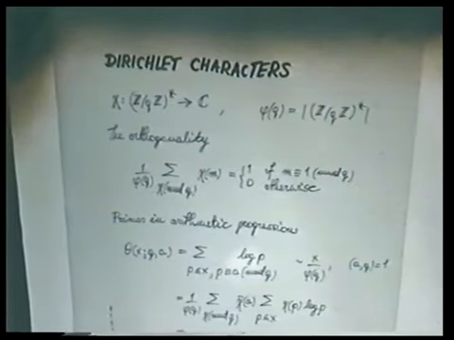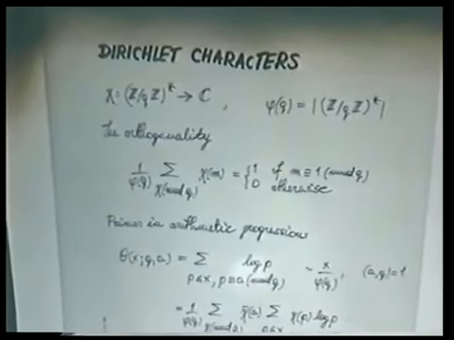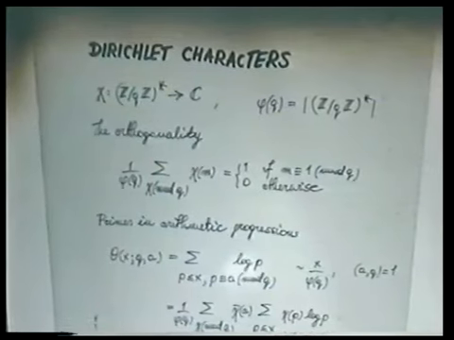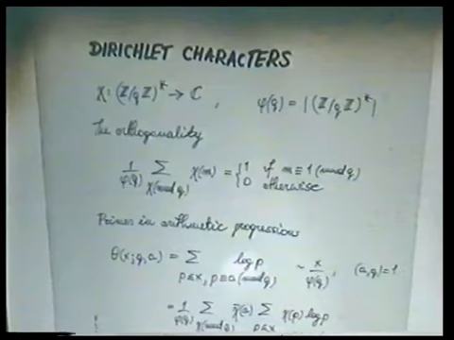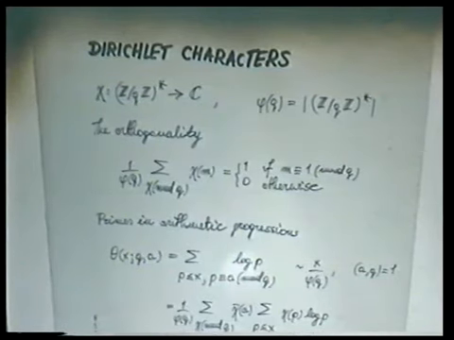I mean here the multiplicative characters of Dirichlet, characters modulo Q, and these are very good to pick up numbers in the sequence that we consider, the numbers in a given progression. Particularly, it was designed by Dirichlet himself to pick up primes in arithmetic progression.